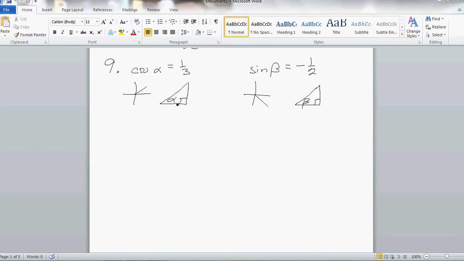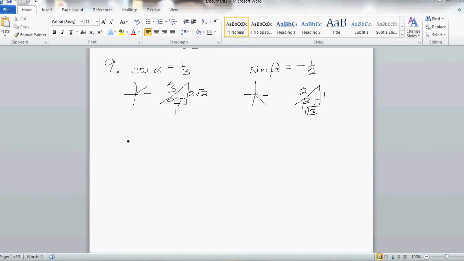So the cosine of alpha is 1/3, so this would be 2 root 2 using the Pythagorean theorem. And then here, if the sine of beta is 1/2, that would be a 1, a 2, and the square root of 3. Now realize we could have actually found the angle, but just for consistency, I'm putting it into the triangle.